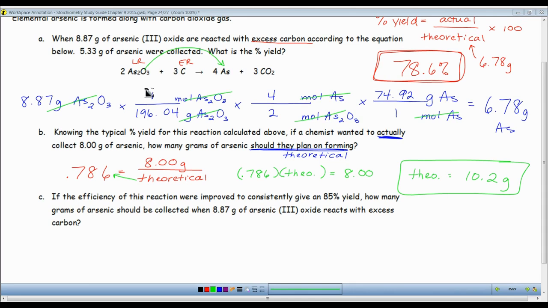Well, that's exactly what we had up here in part A when we did our calculations. So this time we have a new yield, a better yield, 85%. I'm going to say 0.85 equals, this time we're going to solve for the actual yield. How many grams should you plan on collecting if this reaction now runs at an 85% yield?